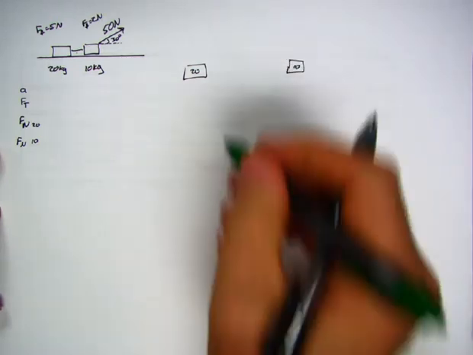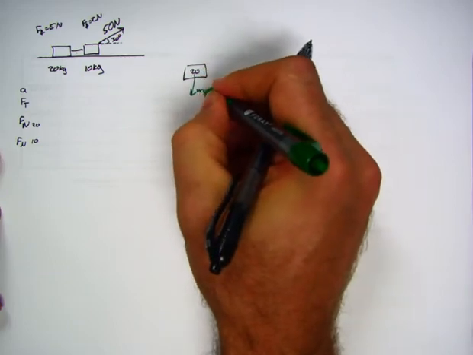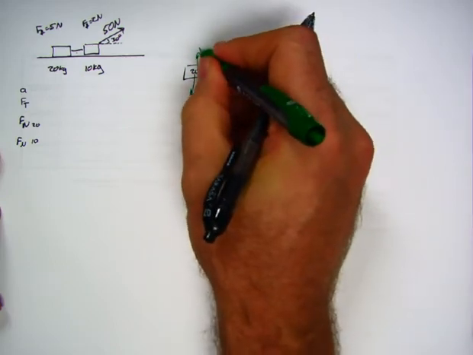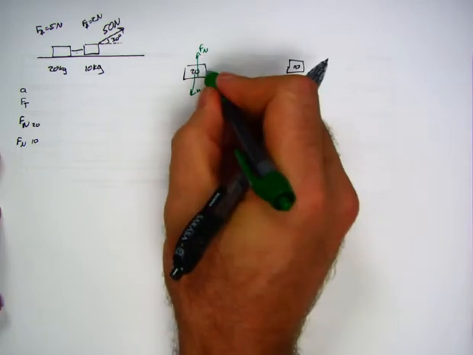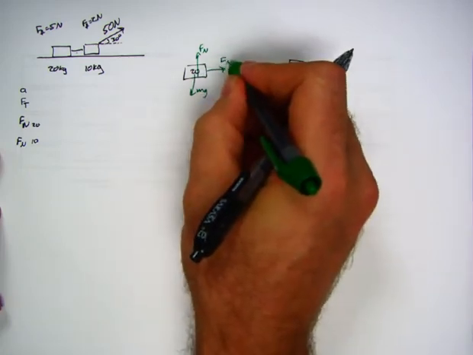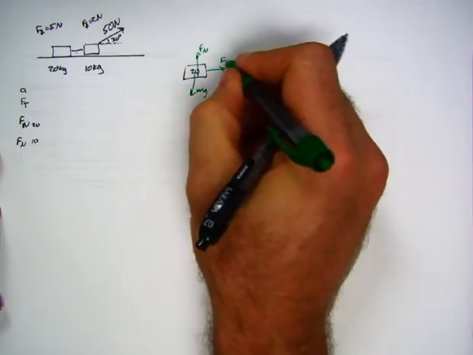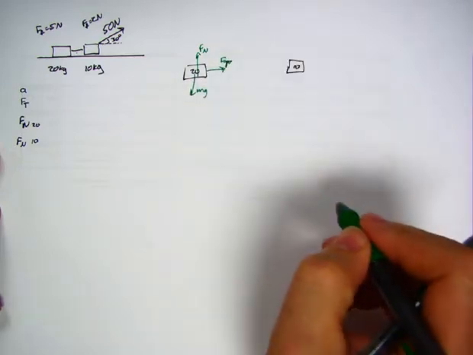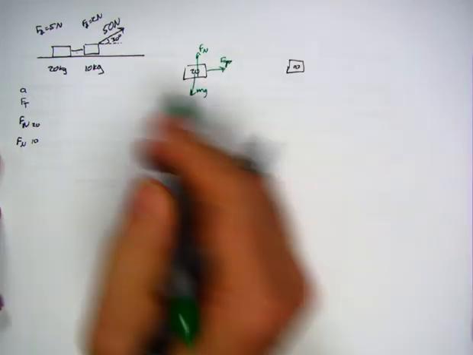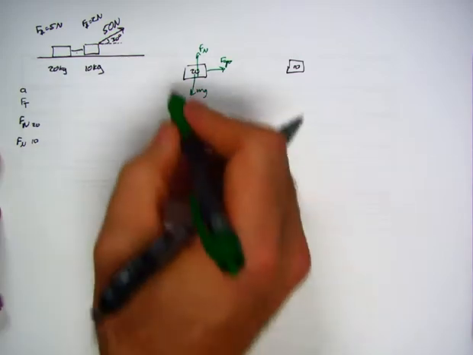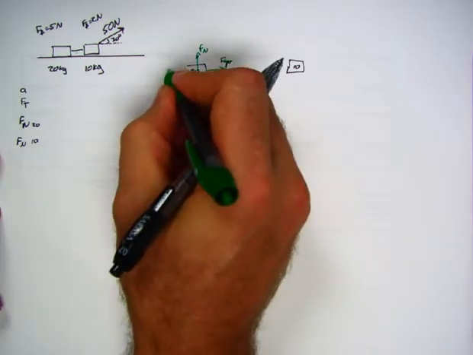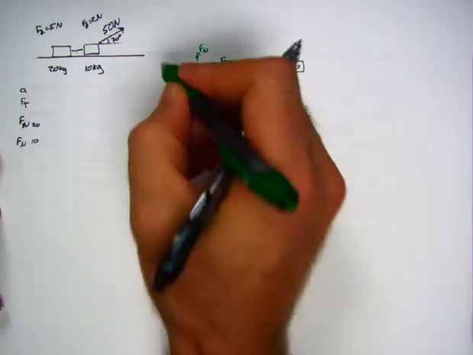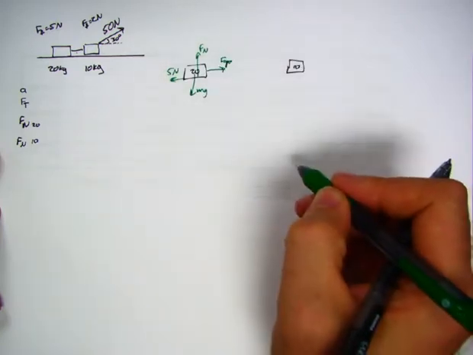The forces on the 20 are going to be the weight, the normal force, and the force of tension is going to pull us forward. And we noted that there's 5 newtons of friction, so that 5 newtons of friction is going to retard or act against the force of tension.